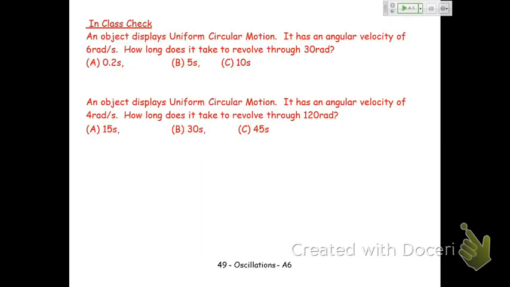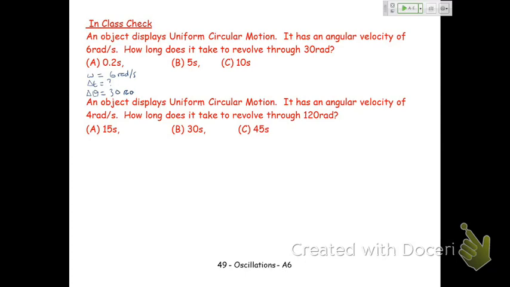Let's have a look. An object displays uniform circular motion. It has an angular velocity, so my omega is equal to 6 radians per second. And how long does it take? So I want my delta t equals, I don't know, 30 seconds to revolve, delta theta is equal to 30 radians.